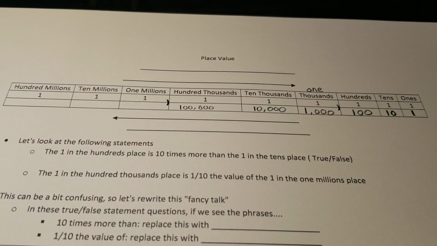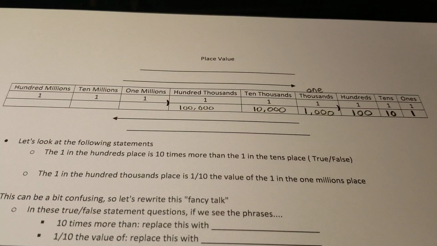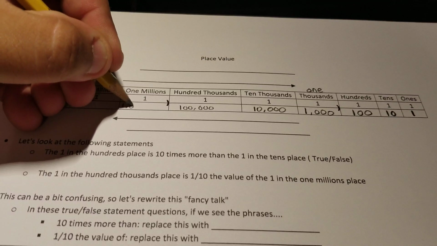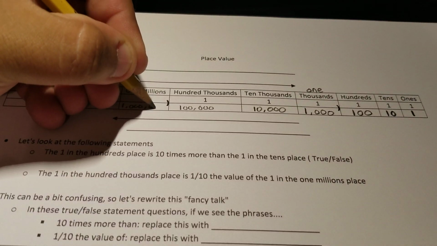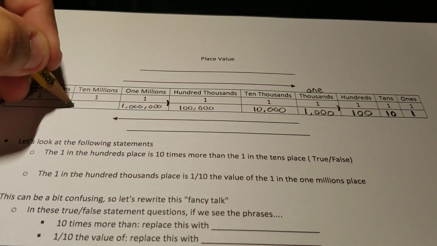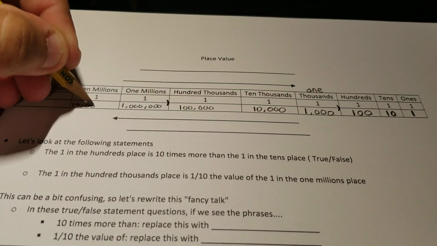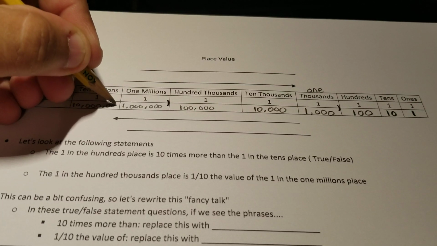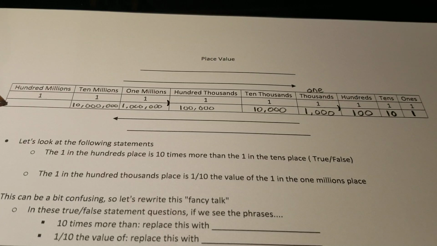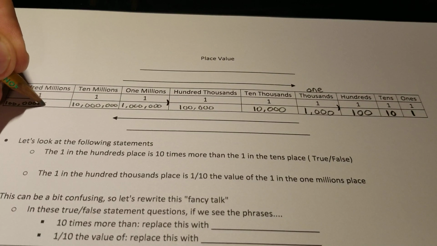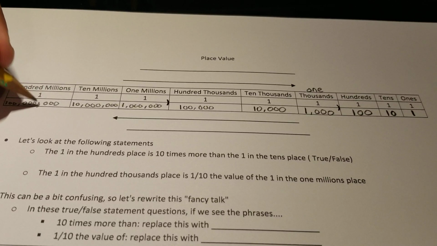A 1 in the millions place would have a value of 1 million. A 1 in the 10 millions would have a value of 10 million. And a 1 in the 100 millions place would have a value of 100 million.